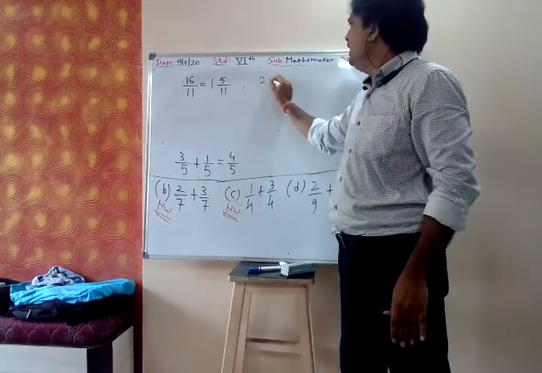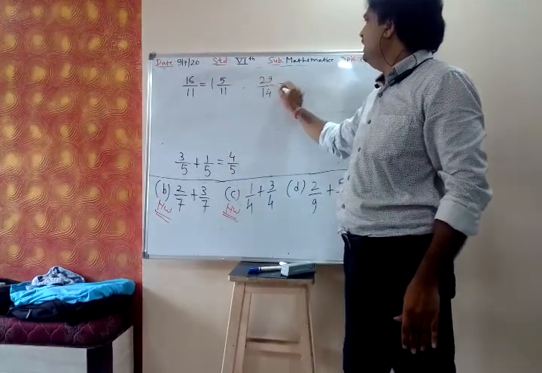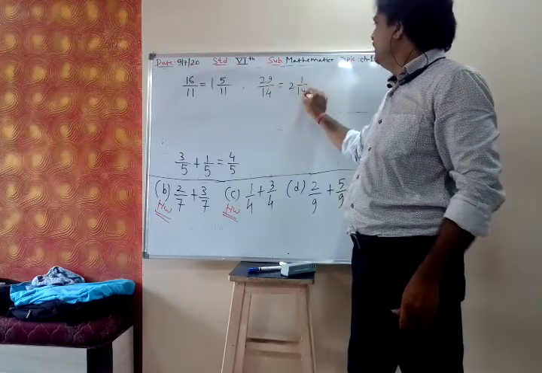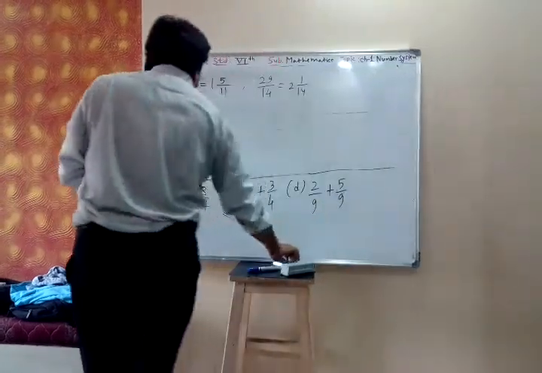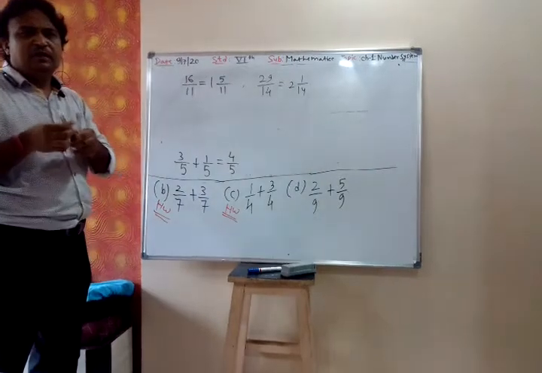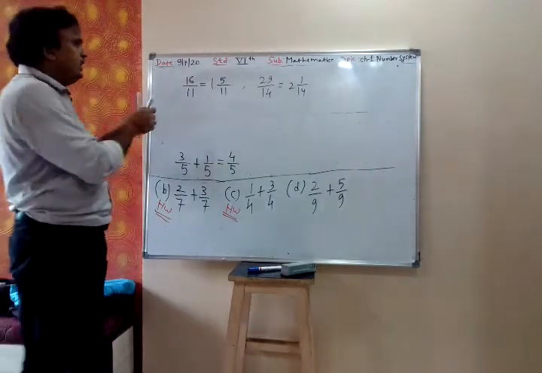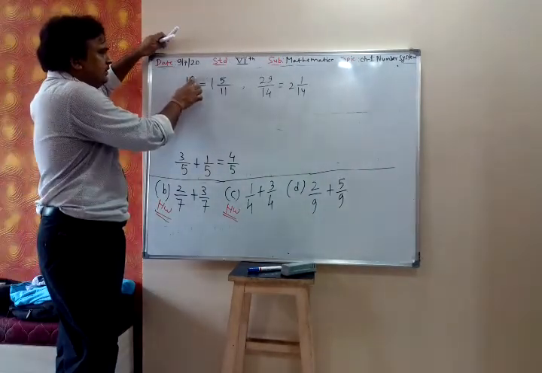Then 29 upon 14, this I can write as 2 and 1 upon 14. Now see, in both cases, my numerator is bigger.